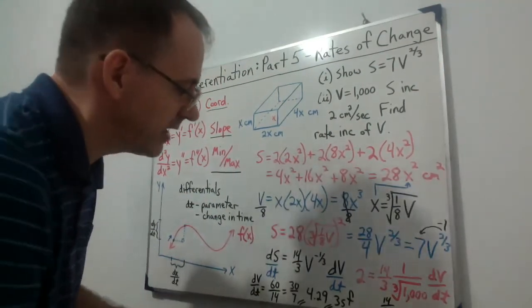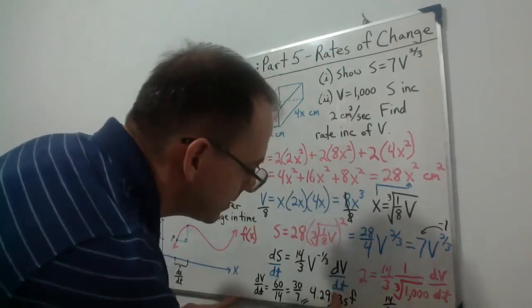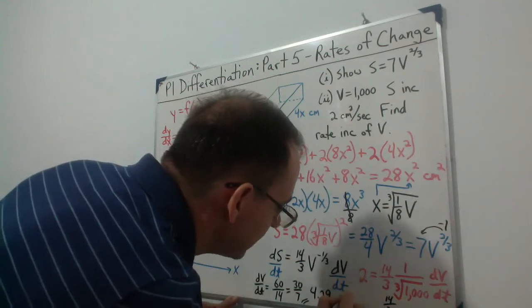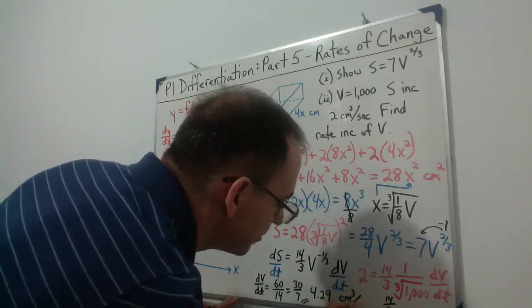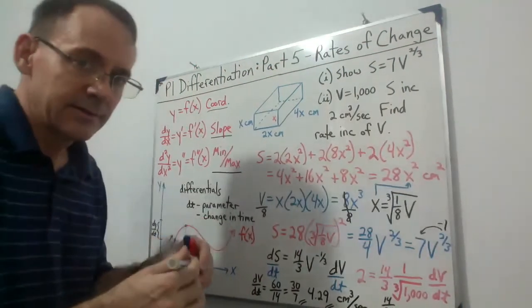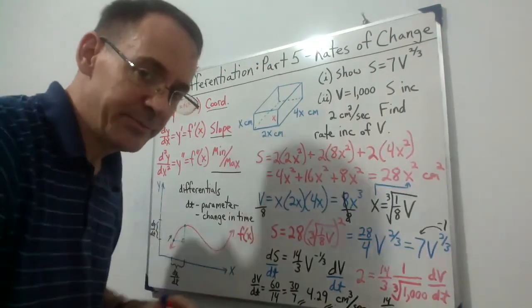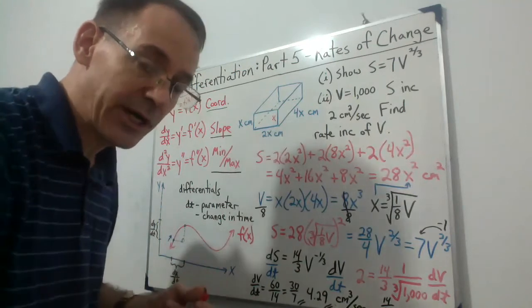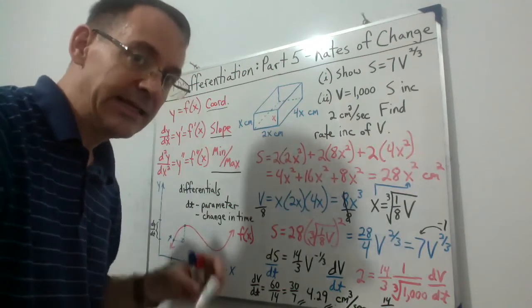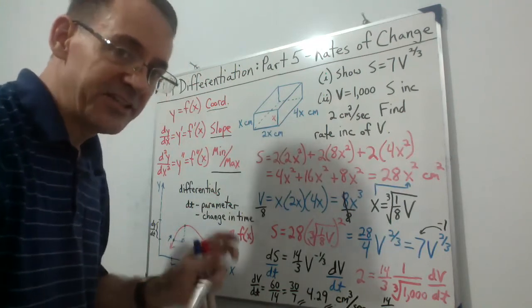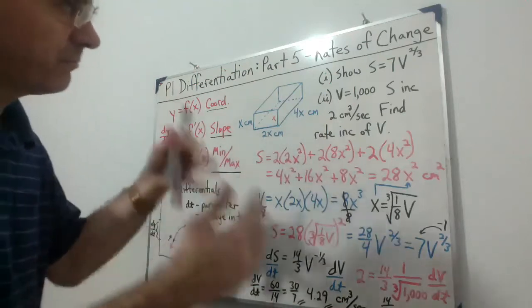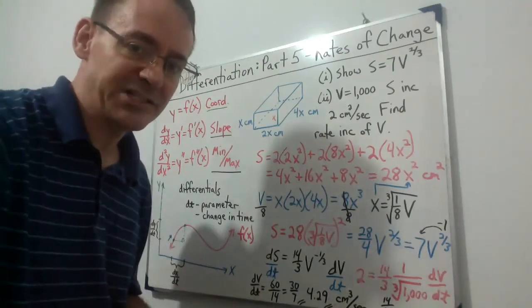So your units on this would be cubic centimeters per second. So 2 centimeters squared per second of area translates into 4.29 cubic centimeters of volume per second. So a little bit more of an application there.